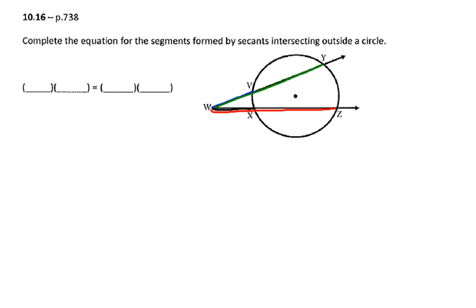So if I take the measure of WV, which is the piece on the outside, and I multiply it by the whole thing where it stops on the other side of the circle, which is WY, that has to equal the measure of WX, which is the other secant piece that's on the outside, times that whole piece, WZ.